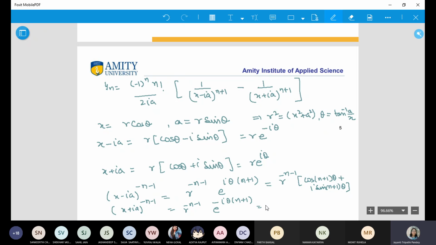And this is r to the power minus n minus 1 into cos n plus 1 theta minus i sin.